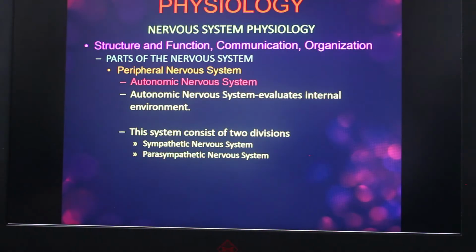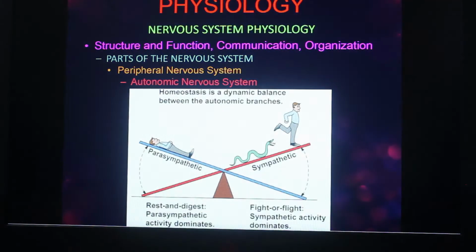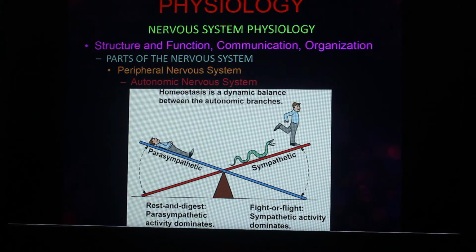The autonomic nervous system evaluates the internal environment. This system consists of two divisions: the sympathetic nervous system and the parasympathetic nervous system. They usually control the body antagonistically.